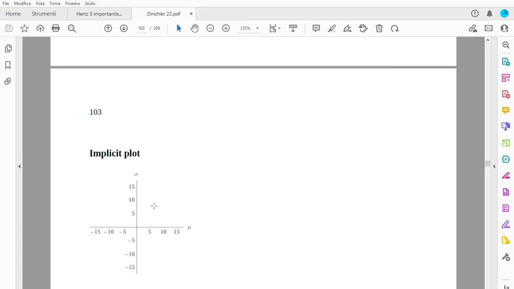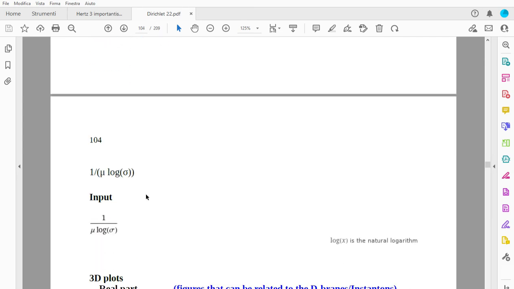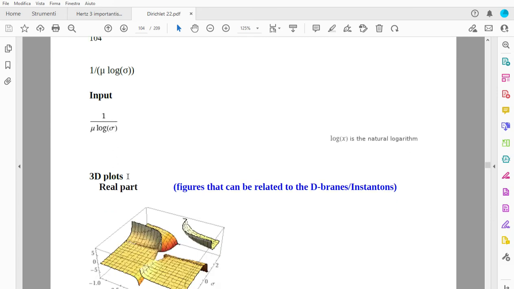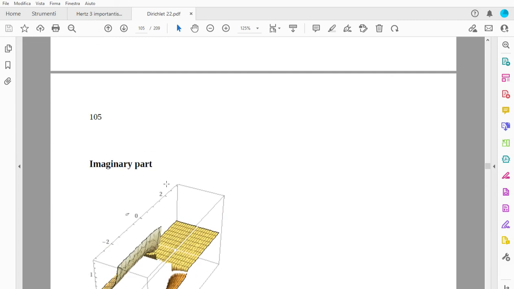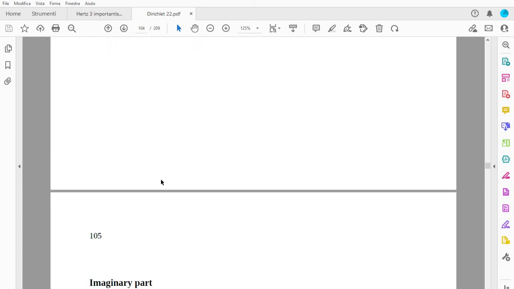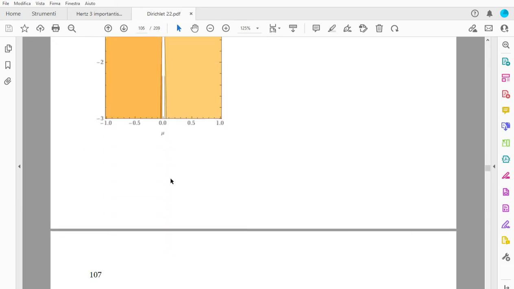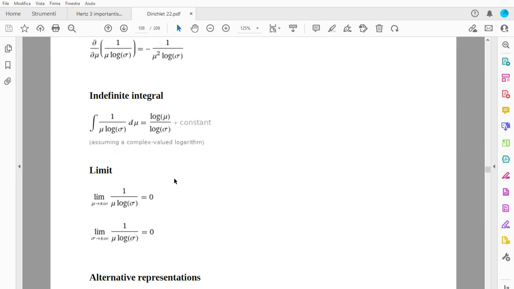From the result we obtain the three-dimensional plots, the real parts and the imaginary part, that picture that can be related to the de Bruijn instanton. Also here the study of the function.